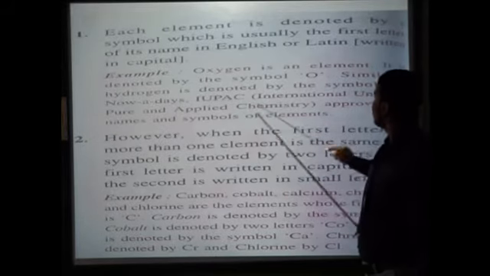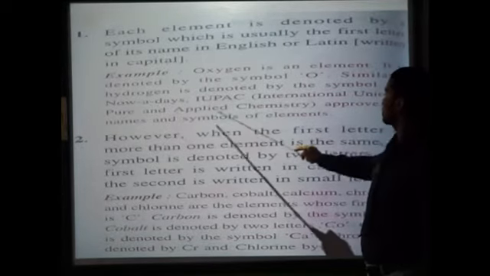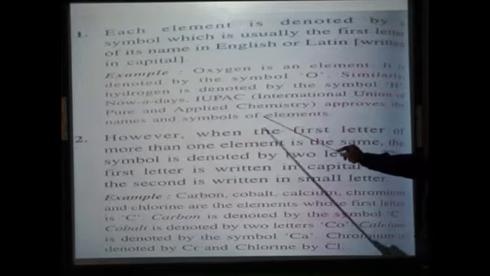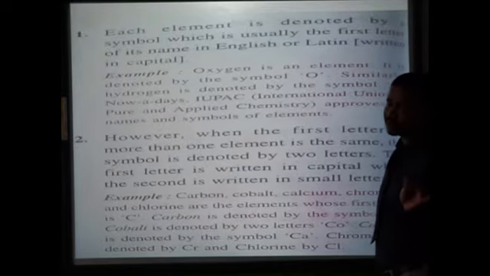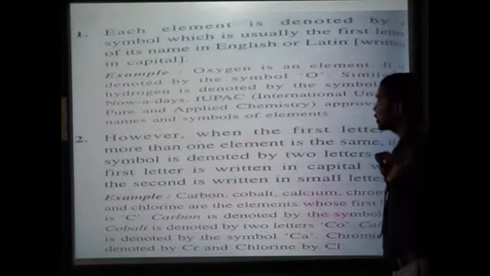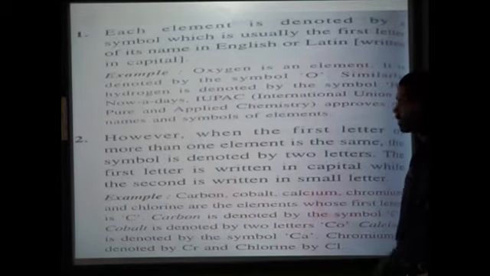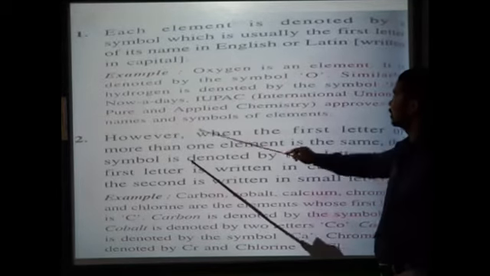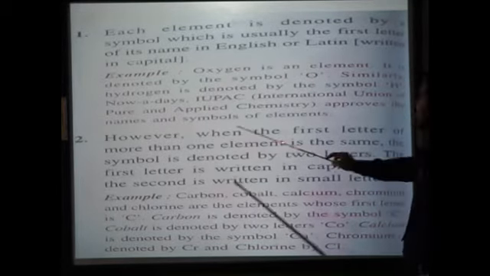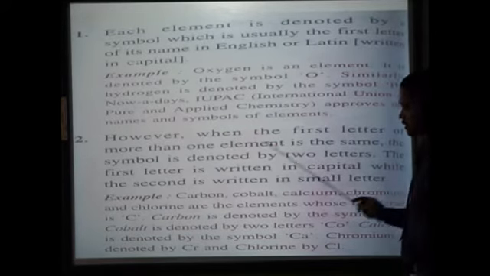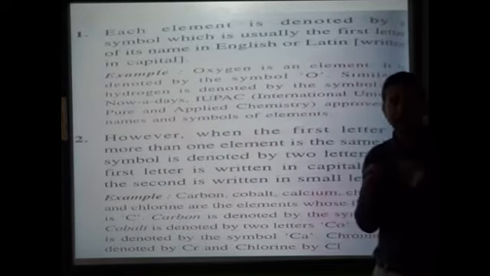Nowadays, IUPAC, International Union of Pure and Applied Chemistry, approves the names and symbols of elements. Who takes the responsibility of approving and giving symbols to the elements? It is IUPAC. However, when the first letter of more than one element is the same, the symbol is denoted by 2 letters.